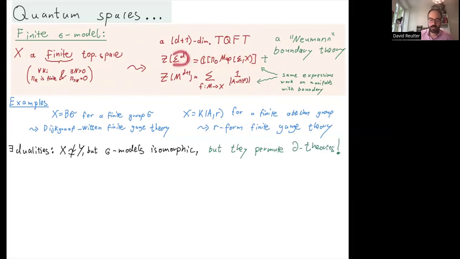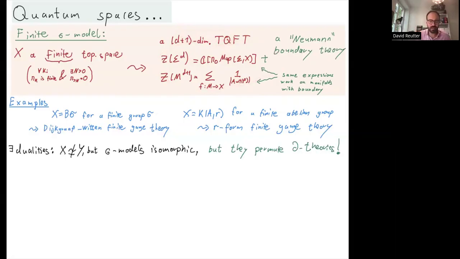So for example, I can just define this for a manifold with boundary sigma and just write down the same expression. And this means what I really have to find is a topological field theory with a boundary theory. So on a manifold sigma with boundary, in the bulk, I assign my D plus one dimensional TQFT, and on the boundary, I do something else. And what I do is still determined by these same formulas.